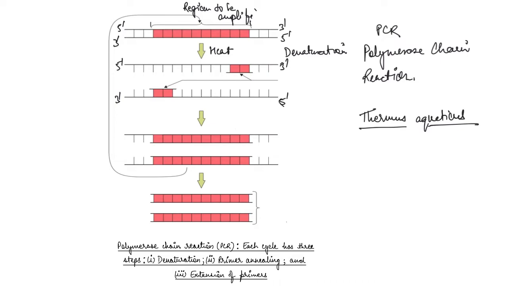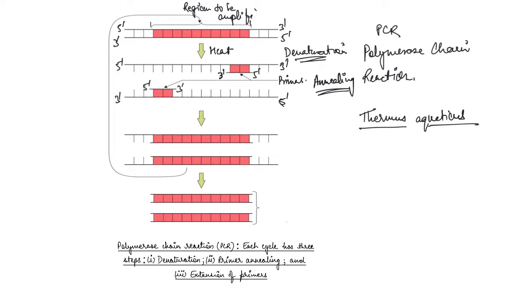Then we add primers. These are small chemically synthesized oligonucleotides which are complementary to the region of DNA which is to be amplified, right? So now we add these primers which are complementary to the region which is to be amplified. This process is known as annealing, adding primer, right?